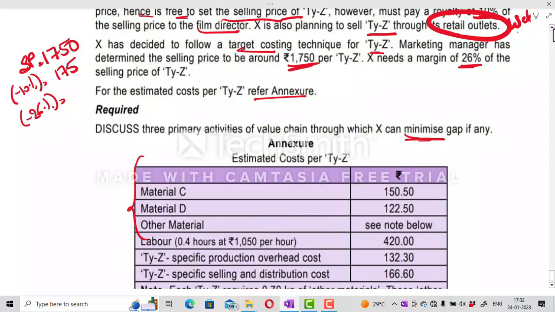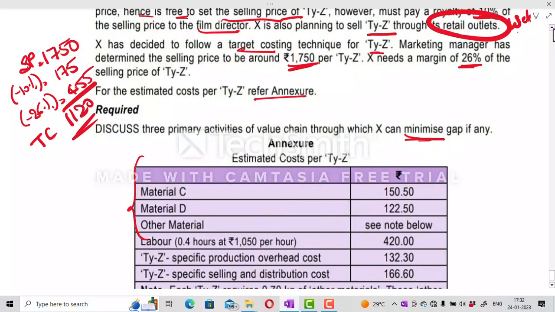How much is 26% of 1750? 455. So what is the target cost? 1120.